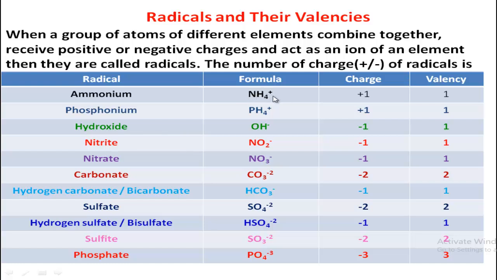So the ammonium ion is actually a radical, and its charge is plus 1, so its valency is also 1.